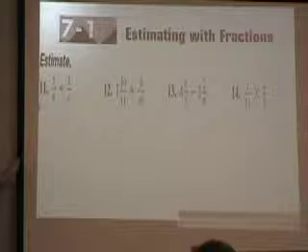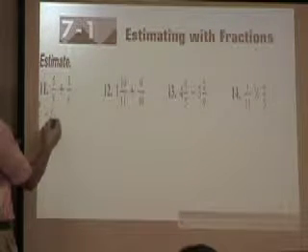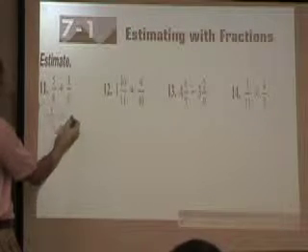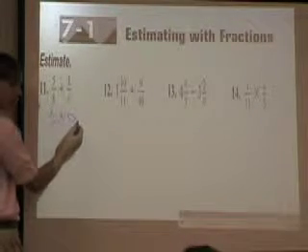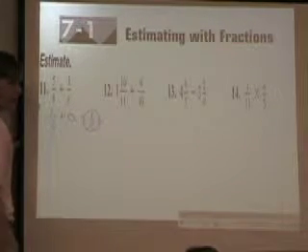We got 5 over 8, which rounds to 1/2, and we're going to add that to 1 over 6, which rounds to 0. What's 1/2 plus 0? 1/2.